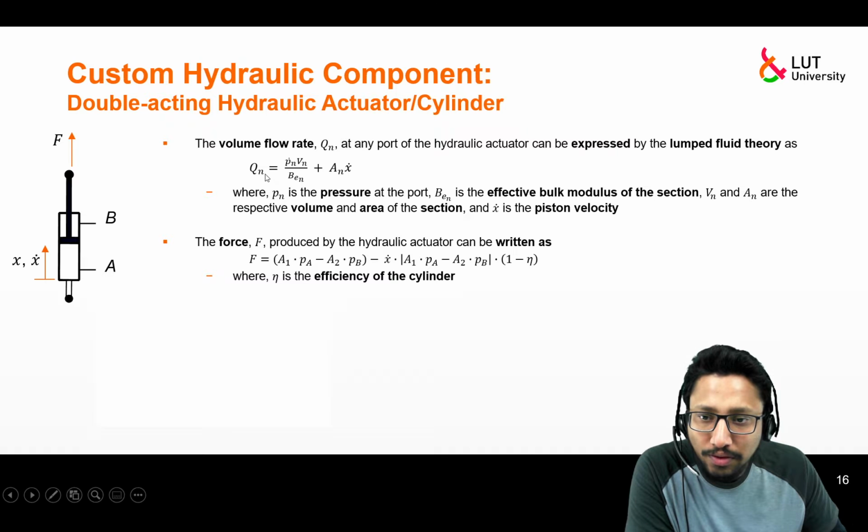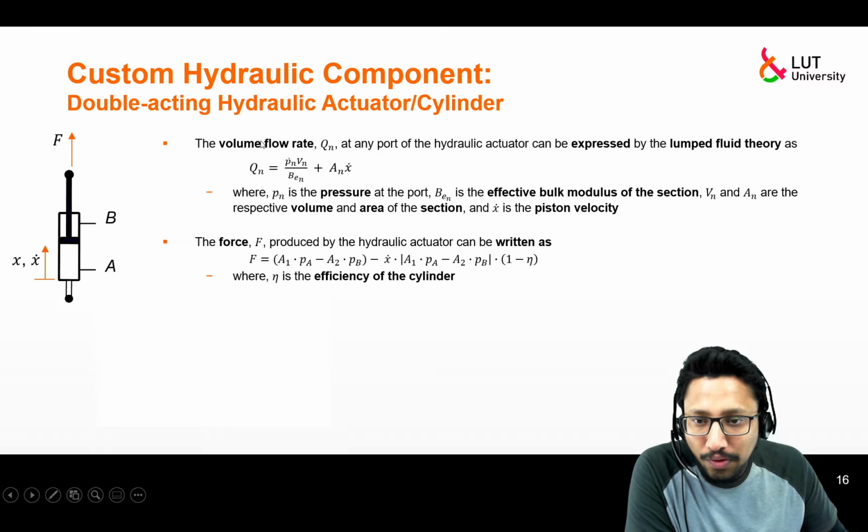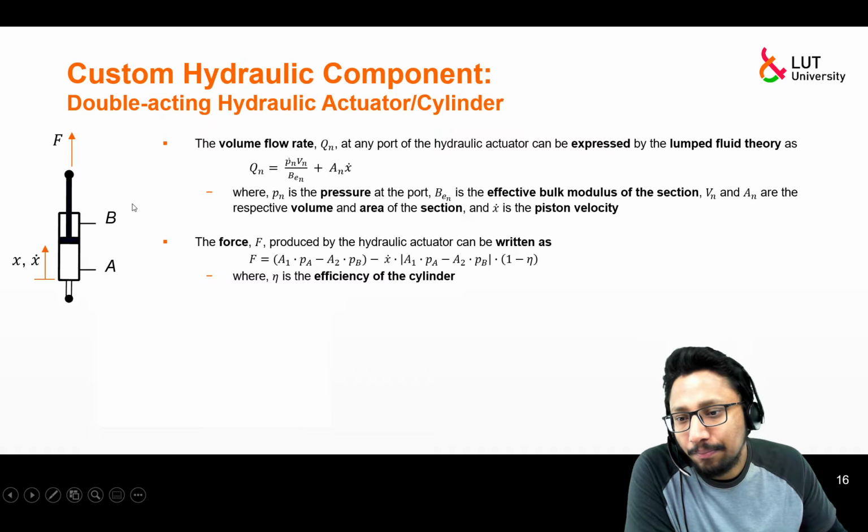But in this case, we are using volume flow rate because that's how the entire circuit is connected, using the volume flow rate of the fluid, correct? So using this equation we can formulate the volume flow rate in either end of the hydraulic section or in either end of the cylinder.